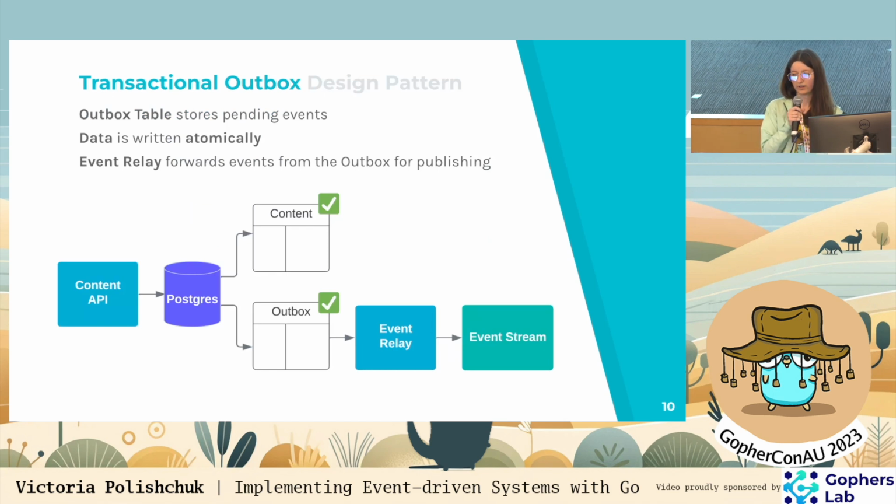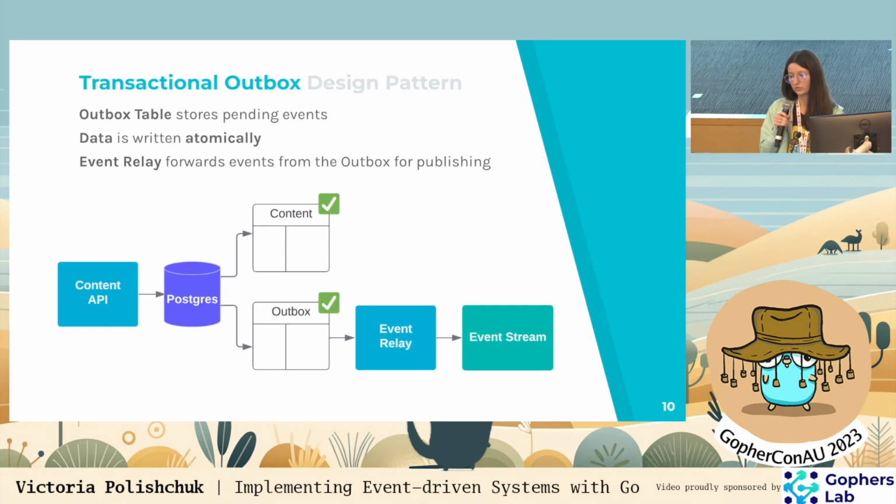We can use a design pattern called transactional outbox that will ensure data integrity in the system. In this example, we use Postgres, and we are also going to build an event relay with Go. However, you're not required to use Postgres.